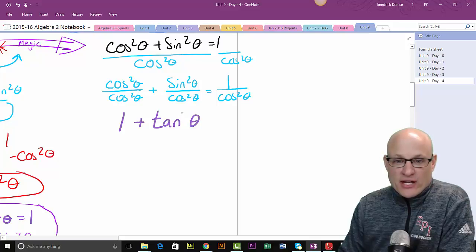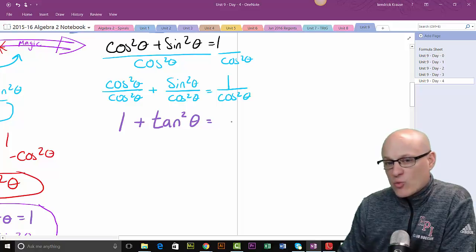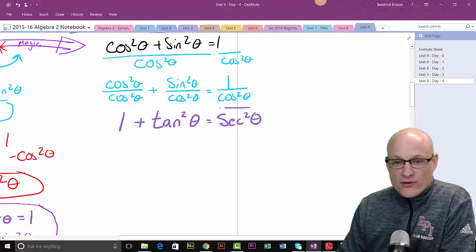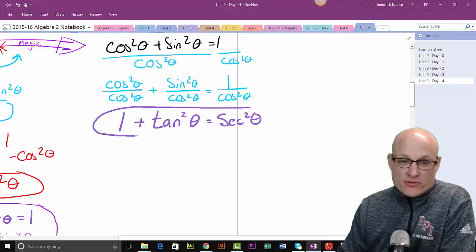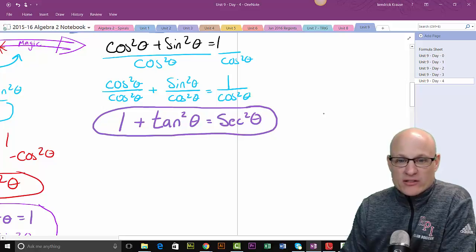But in this case, it's tangent squared theta. And you want to know what 1 over cosine theta is. 1 over cosine theta is secant theta. So here's another trigonometric identity that you have got to commit to memory. 1 plus tangent squared theta is equal to secant squared theta.